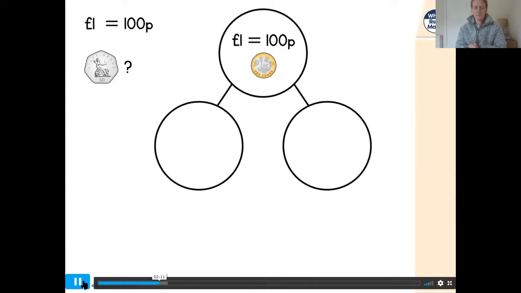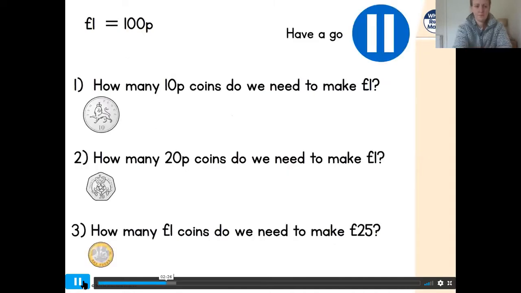So how many 50 pence pieces do we need to make up to 100 pence? We need 2, don't we? 50p add 50p is 100p, and we know that 100 pence is equal to £1, and we could do that with other coins. I've put our key fact in the corner there, £1 is equal to 100 pence, so use that to work out the answers to those questions.